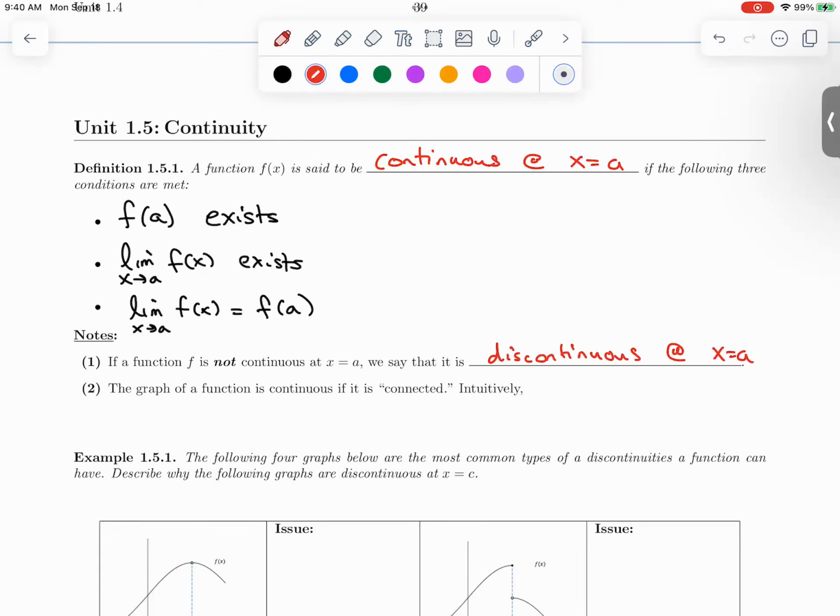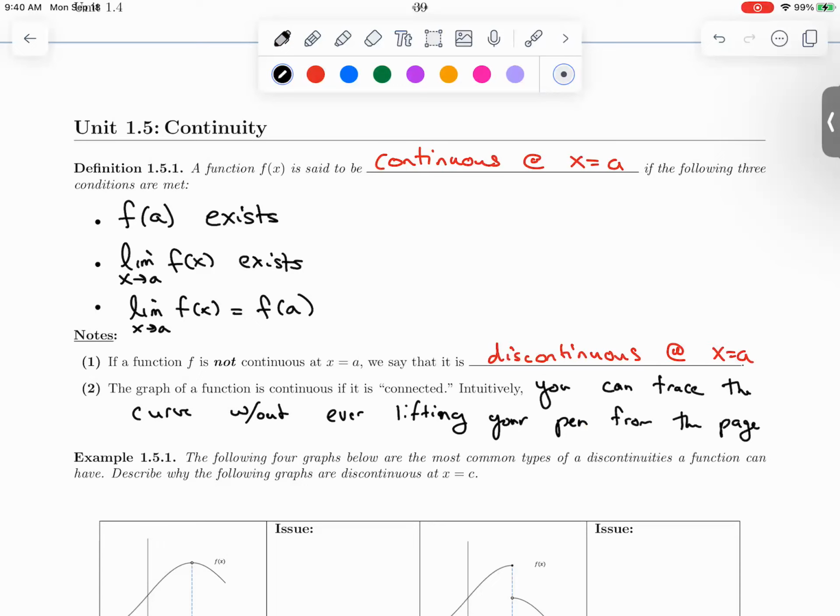I mean that you can trace the curve without ever lifting your pen from the page. That's how you know it's connected. If you have the graph of it, if you can continue drawing it with a straight line, you're fine. That would mean that it would be continuous.